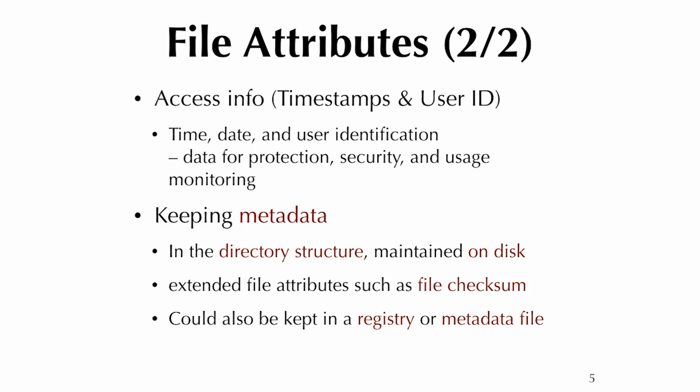And in addition, the metadata may include things like a checksum, sometimes an MD5 hash, and other things, because nowadays you do a lot of transfer over the network. When you do a transfer over the network, your connection may be lost.